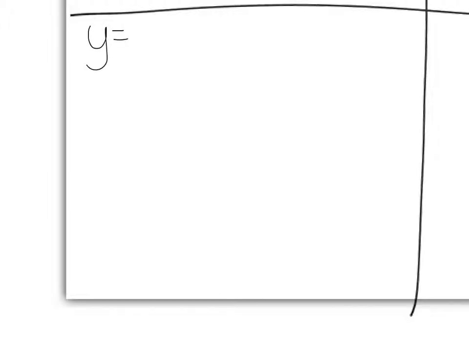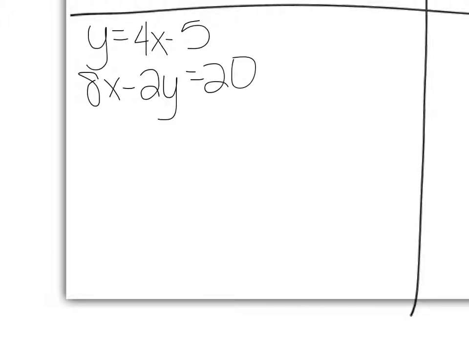Y equals 4x minus 5, and okay, I'm sorry, that second equation was 8x minus 2y equals 20. Okay, so yes, this equation is awesome because step 1 is already done. So I'm going to take this value for y, plug it into the second equation.